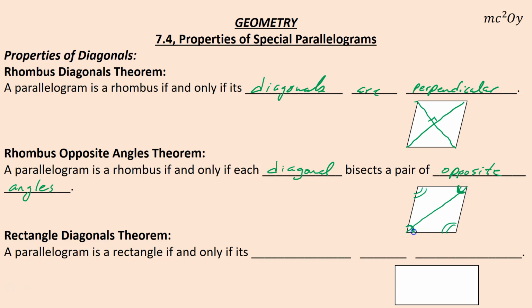It also bisects this angle and cuts it in half, which means that that angle right there is congruent to that one. But since the big angle, we'll call that angle A, was already congruent to angle C, the bisected parts are also congruent to each other. So we now have 4 angles that are equal in measure.